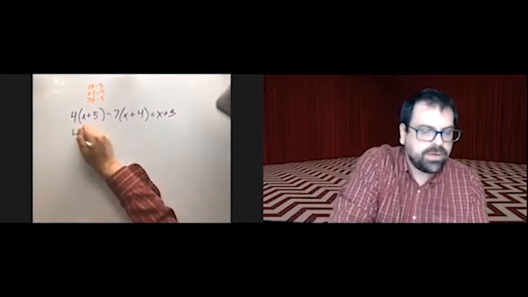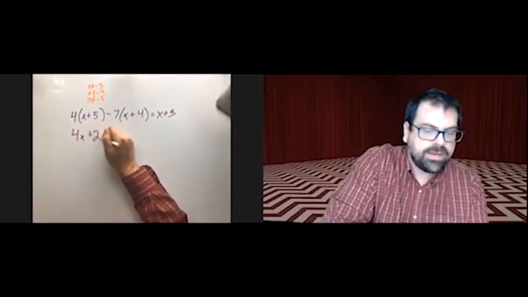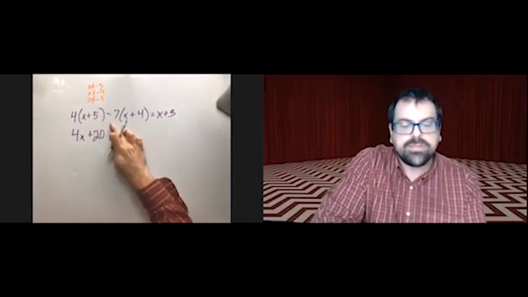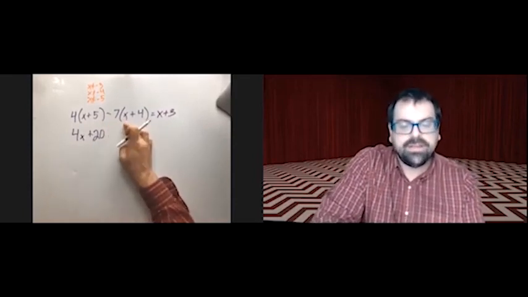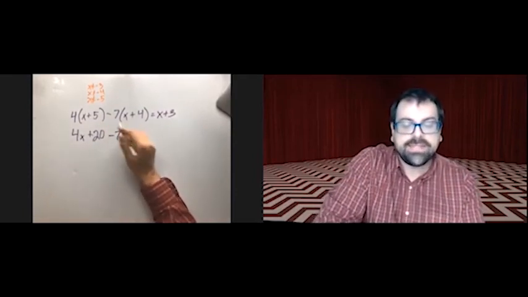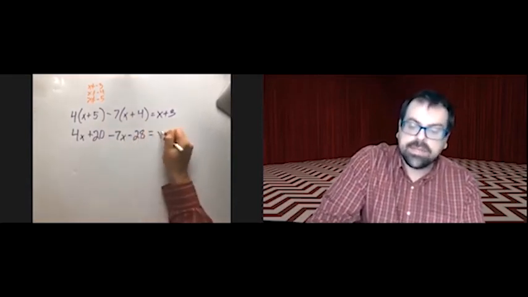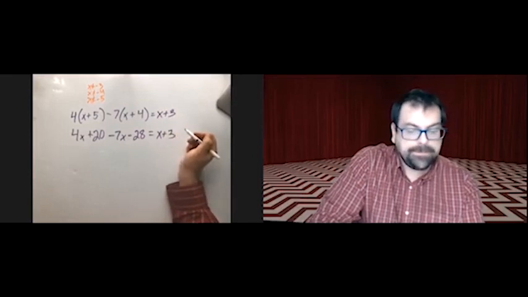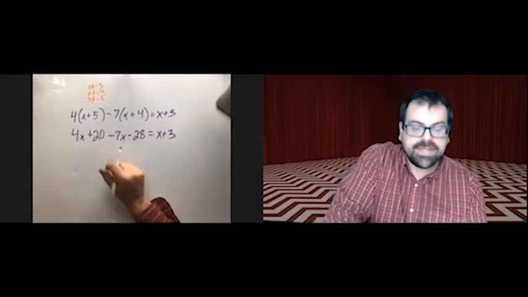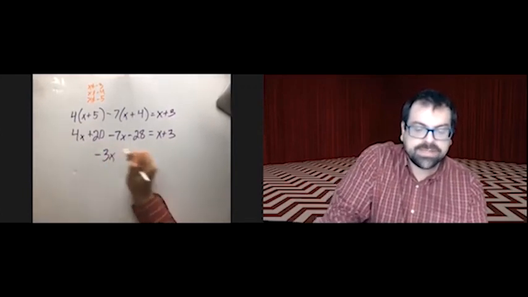Distribute the 4. 4x plus 20. Distribute the negative 7. Negative 7x minus 28 equals x plus 3. 4x minus 7x is negative 3x.